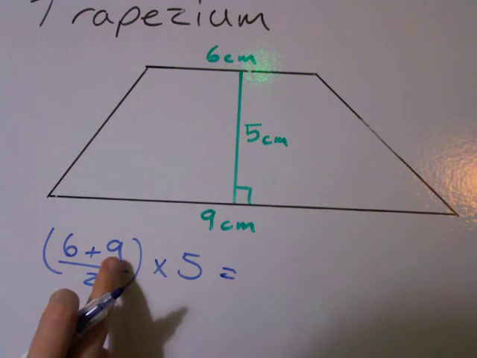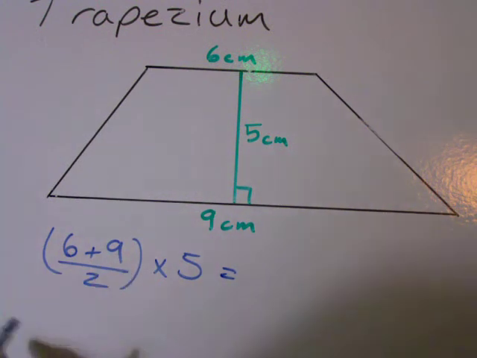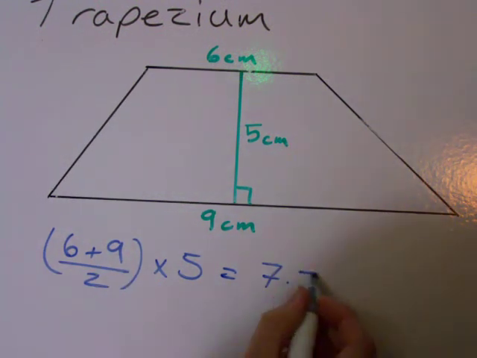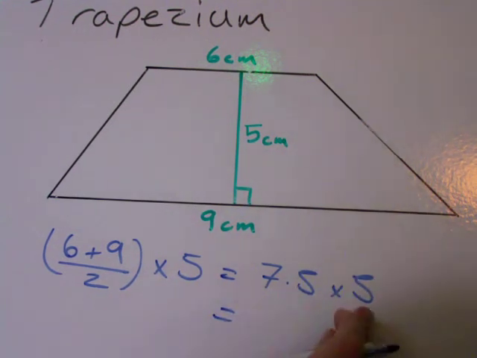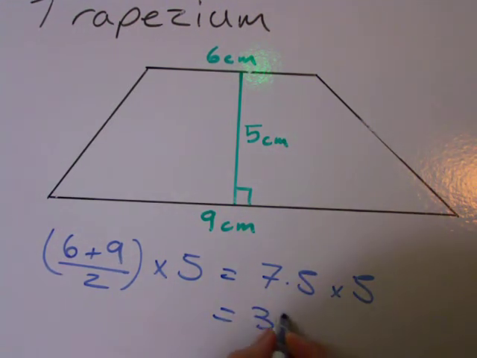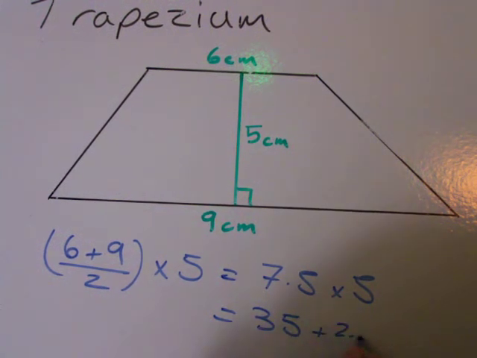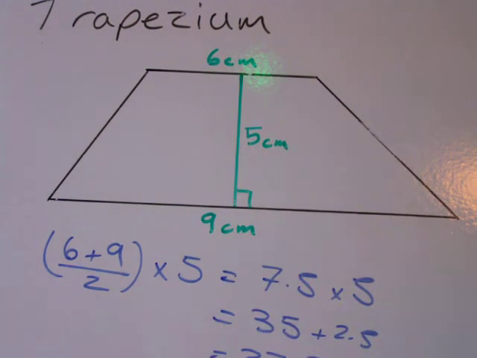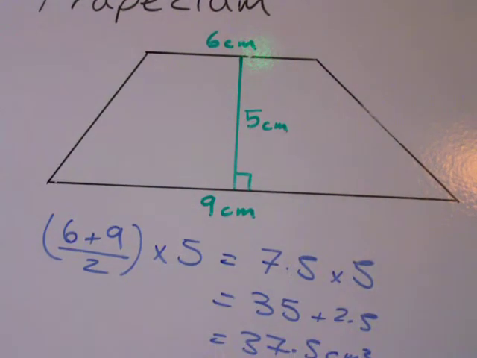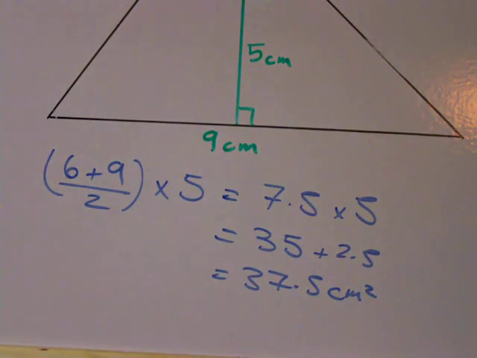So 6 plus 9 is going to be 15, halved is 7.5, times by 5, and if you haven't got a calculator, 7 fives is going to be 35, and half of 5 is going to be 2.5, so the answer is 37.5 centimetres squared. Oh, my apologies. There you go, there's the calculations.